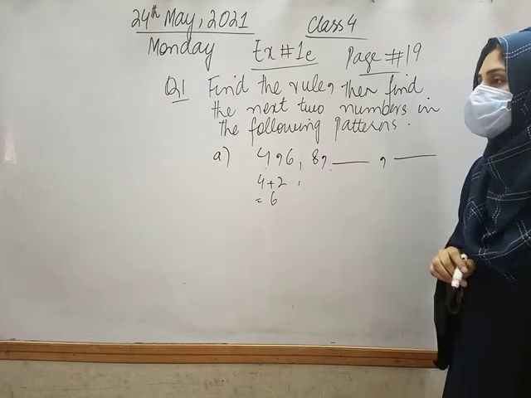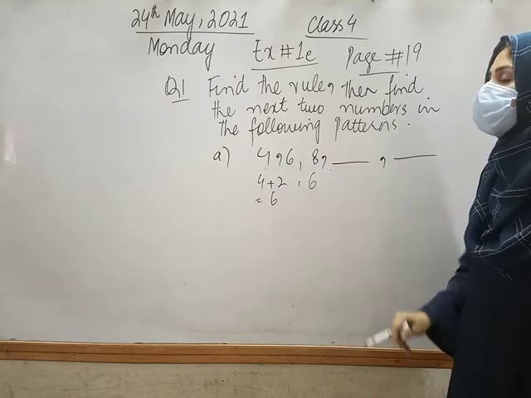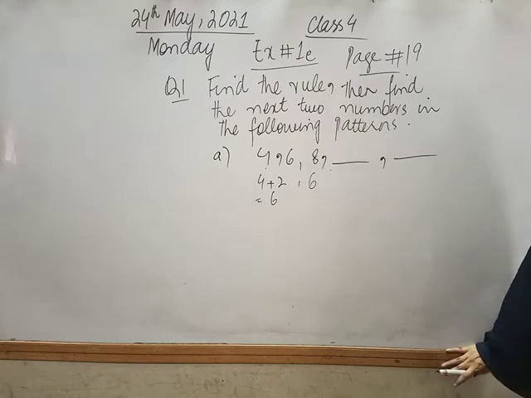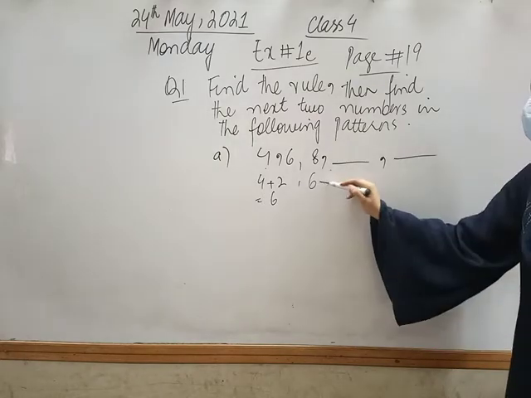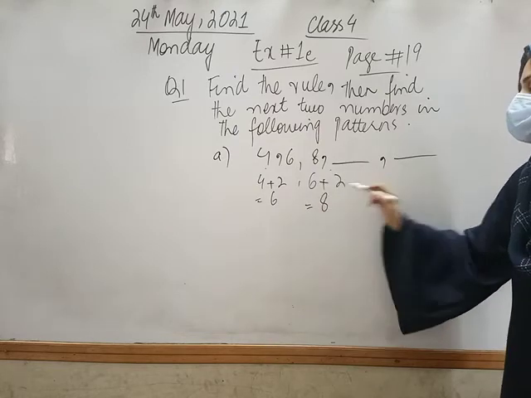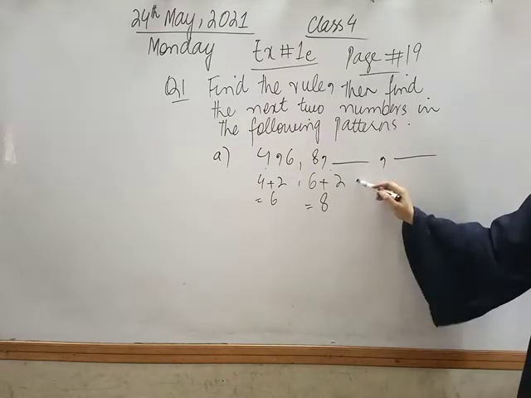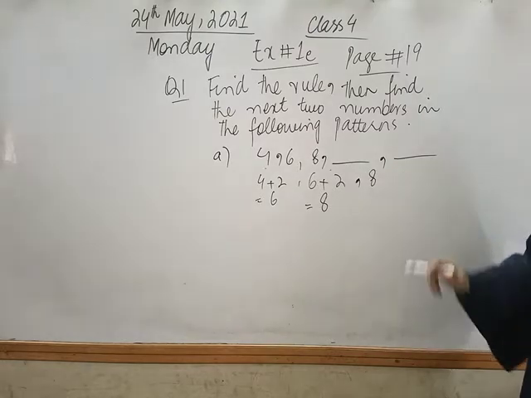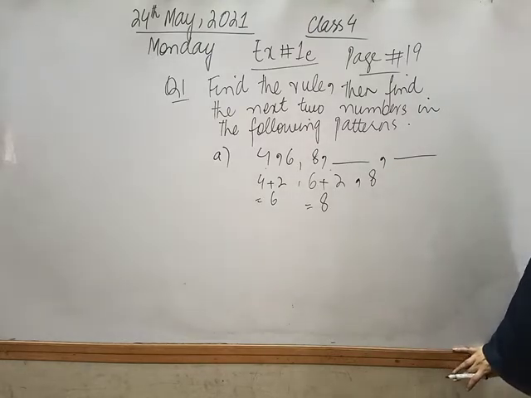Now whose turn is it? 6. What number will I add to it to make 8? Very good. 2. I will add 2. Now again I have 8, and what number will I add to make the next number?